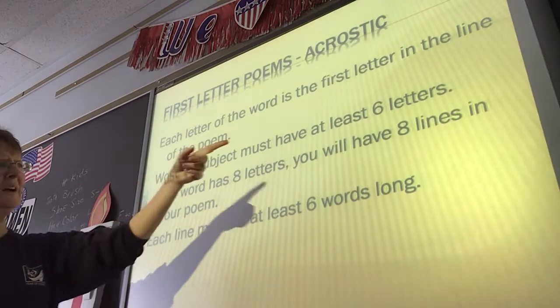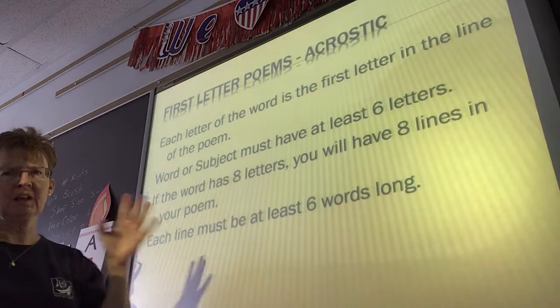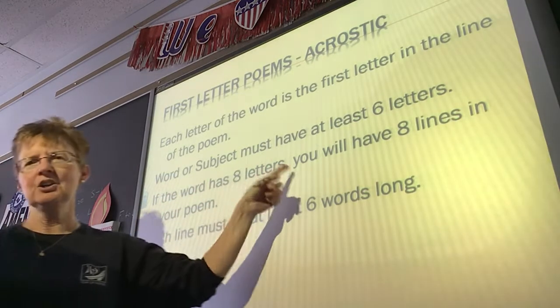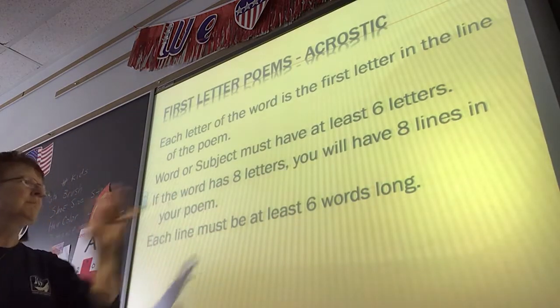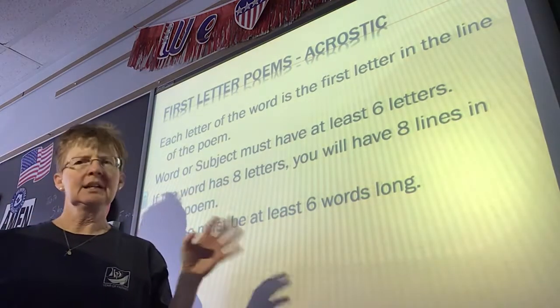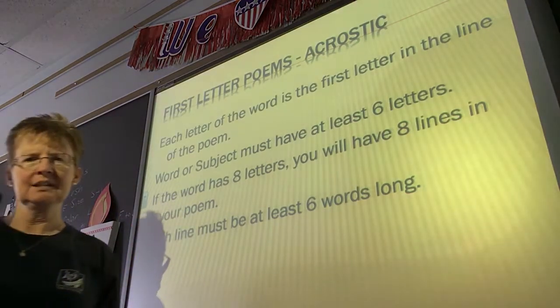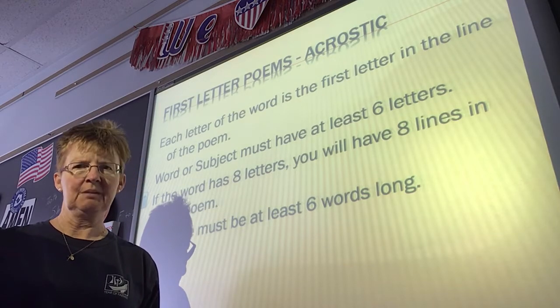So obviously each word has to have at least 6 letters because you have to have at least 6 lines. And if you have an 8-letter word, you're going to have 8 lines in your poem. Each line must have at least 6 words in it. Okay, so let's do an example.